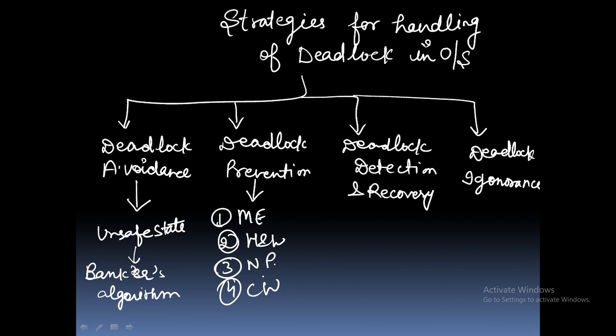So this approach is efficient and implementable. According to the third approach, a timer is set after the process acquires any resource. After the timer expires, a process has to release all the resources which it holds.